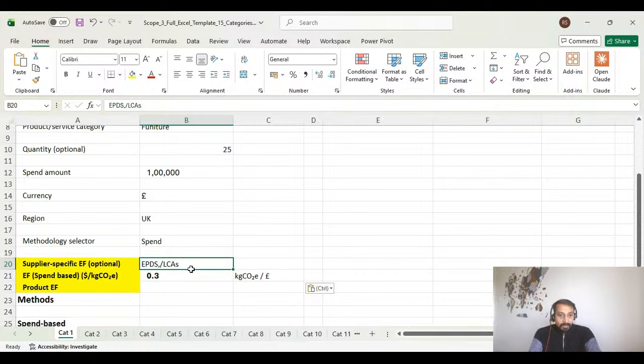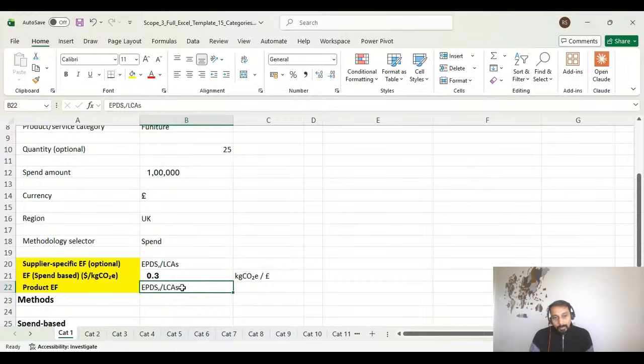Then the product emissions factor. Again, universally lots of companies, also marine level alliances, usually publish their product emissions factors that need to be utilized for the particular sector. So those product emissions factors are also utilized.